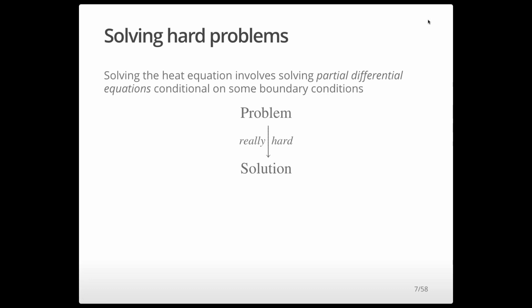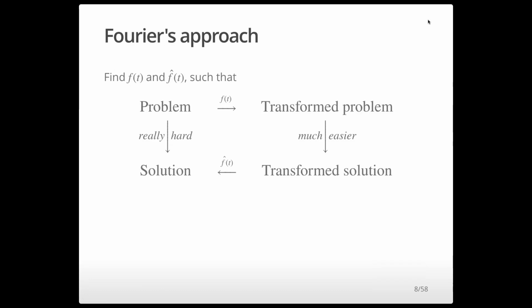So he got to thinking about this a little more, and what he did was posit that, well, we have this situation where we have a really hard problem, but if I could transform the problem into something that was much easier to solve, and then figure out a transformation from the transformed solution back, that would be a lot easier than trying to mess with this arrow right here.